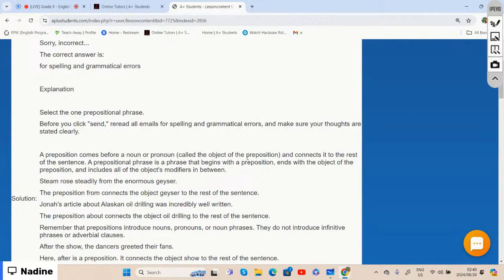it says, steam rose steadily from the enormous geyser.